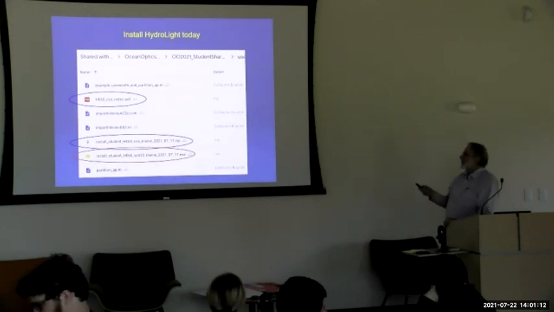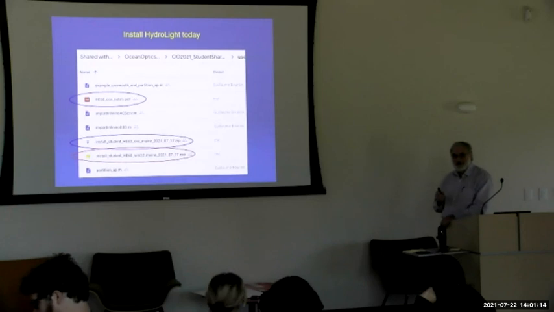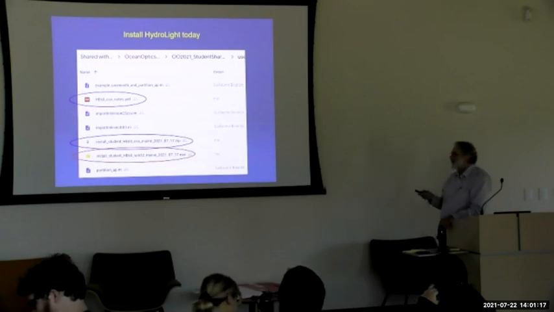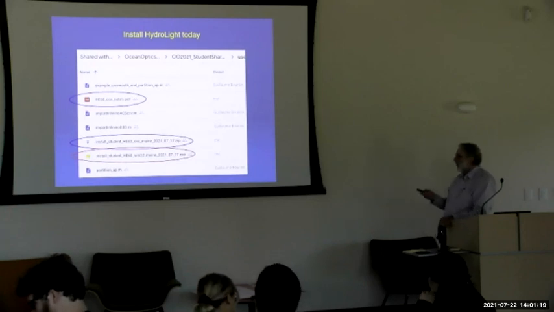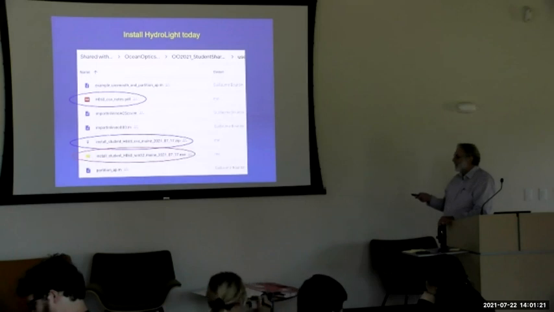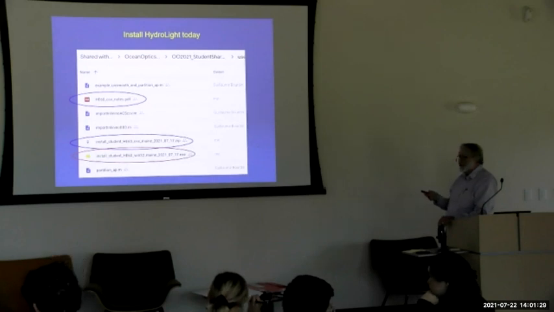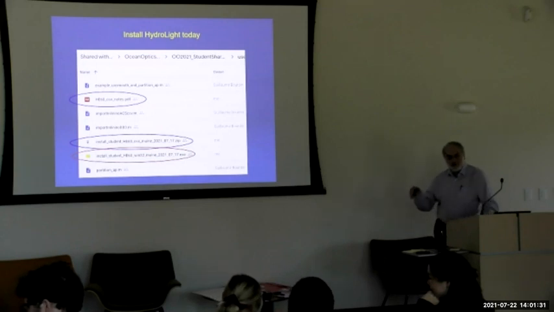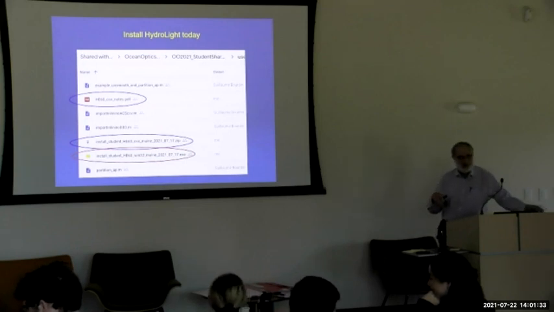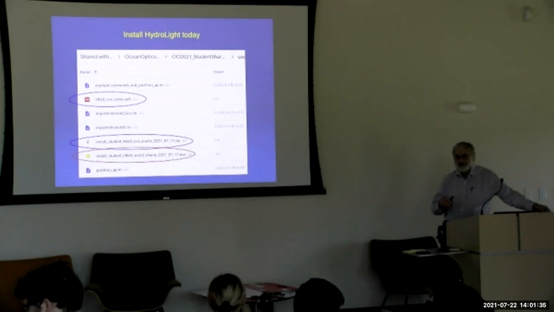So if you go to the useful codes directory that you have access to, I put 3 files there. If you're running a Windows computer, just download the file called install student HE60 Windows 32, and that's an executable. Install it. You'll probably have to persuade the computer that it's okay to trust me and all those kinds of things.